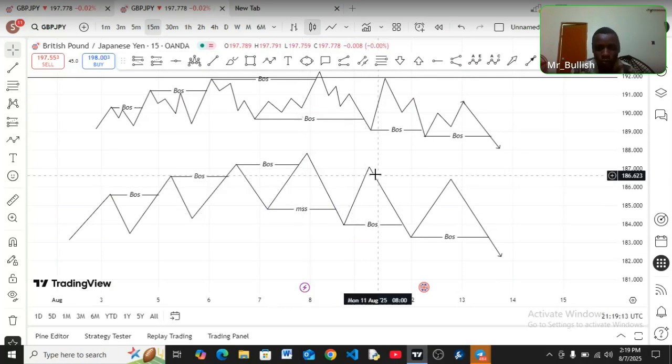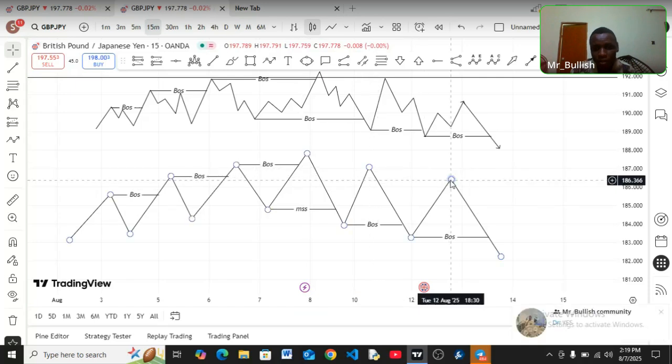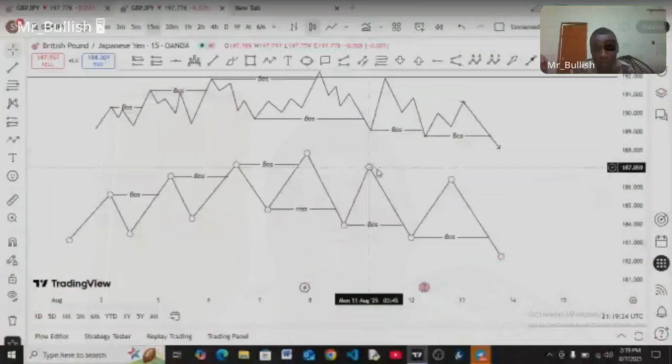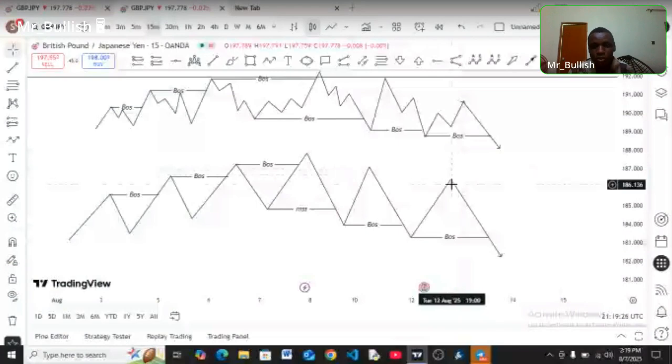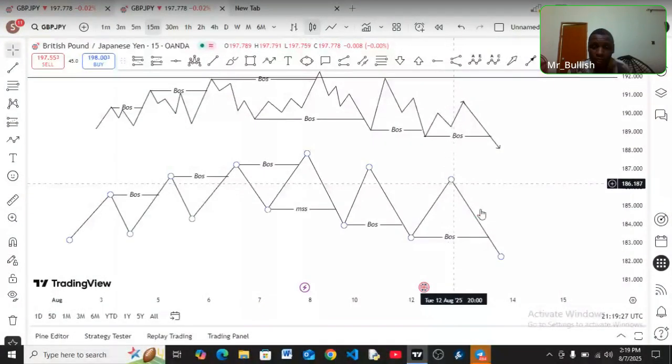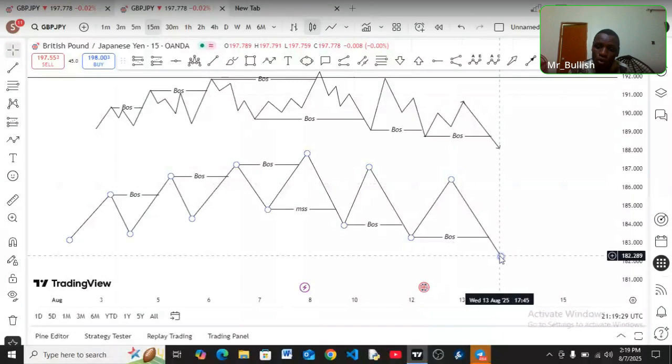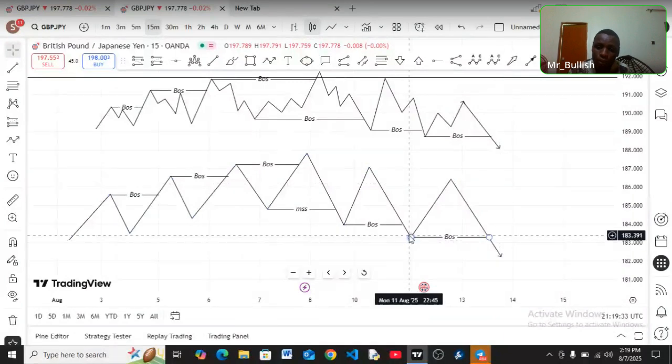Now this particular swing high is called a failure swing because it failed to break above this high. So it's known as a weak high. And this is a strong low because it broke below this previous low.